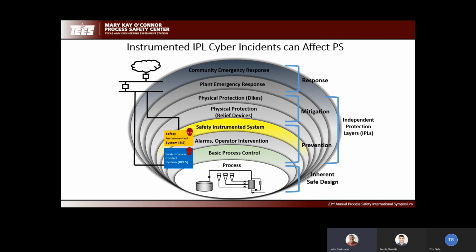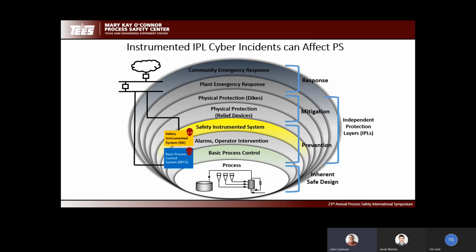And the main way that is possible is that the basic process control, the alarm layers of protection, as well as the safety instrumented system layers of protection are controlled by digital control systems, either basic process control systems or safety instrument systems, or both. And modern BPCS and SIS systems are often networked, and those networks are often connected to the plant network.